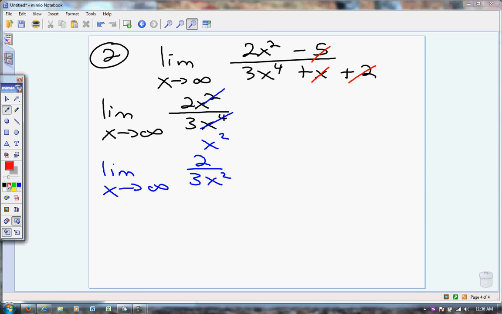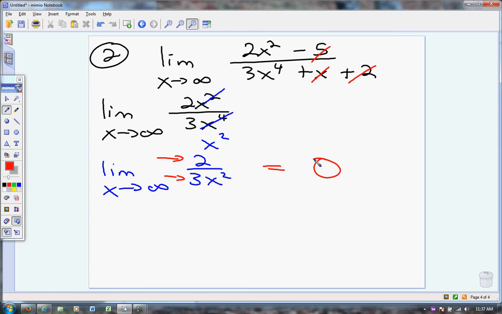Now, this is kind of where we can come up with a normal little rule. When I have a constant on top and an x to any power, so long as it's not a negative power, on the bottom, this is going to be 0. Why? Because I've got 2 divided by flipping huge.